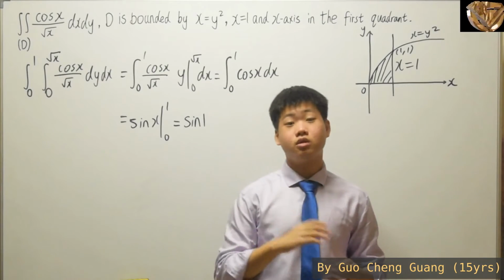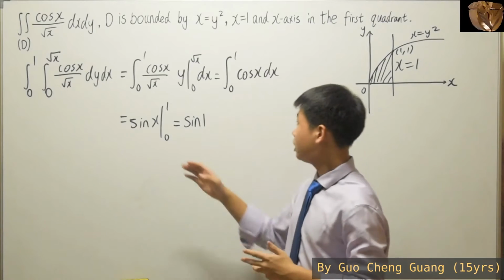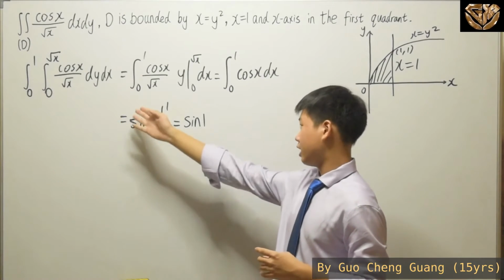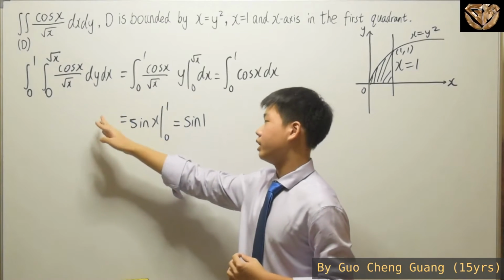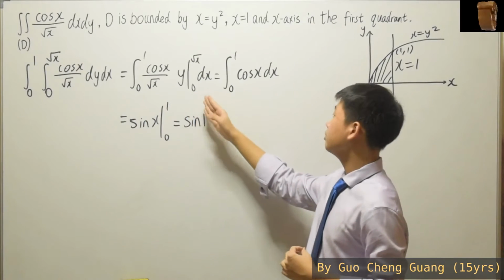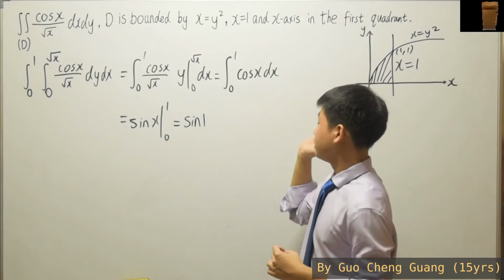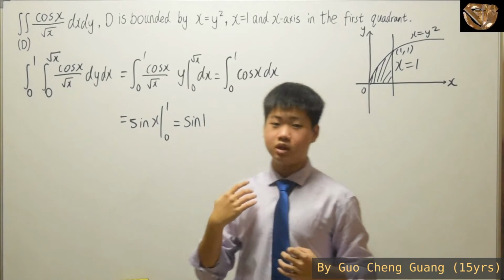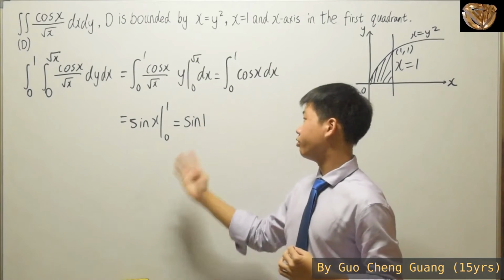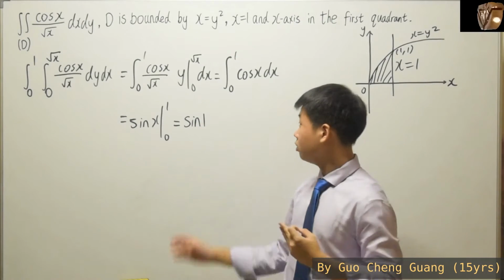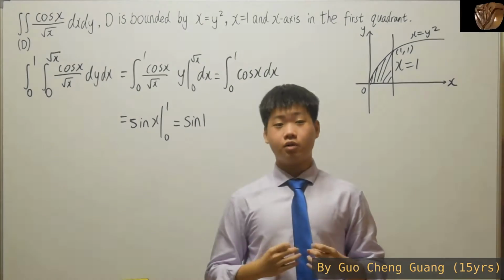When you change it into iterated integration, it would be much simpler to solve. You can add another step to change into iterated integration here, but otherwise you can just directly integrate, and you will realize this is just a simple integration formula that should be rather simple to solve. So after everything, your final answer would be sine 1.